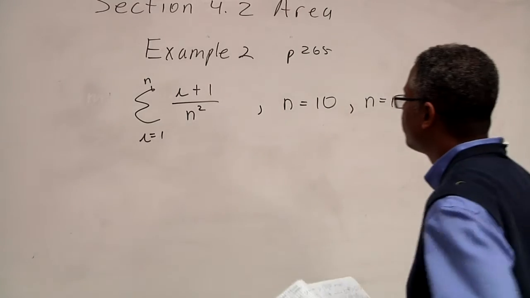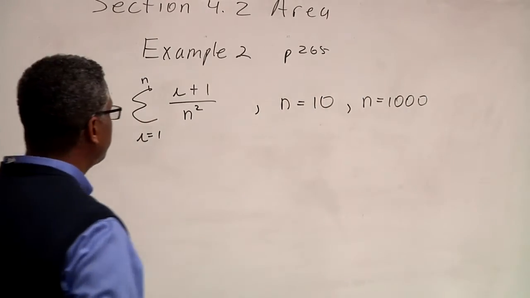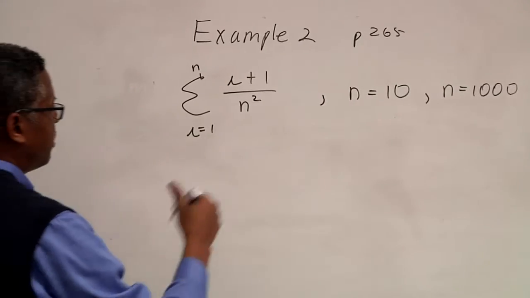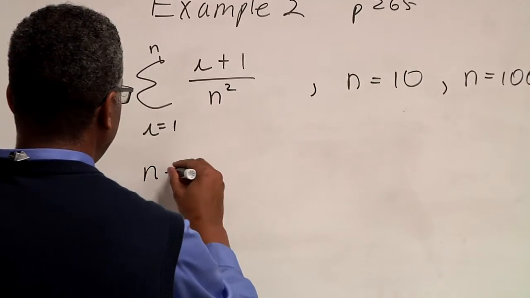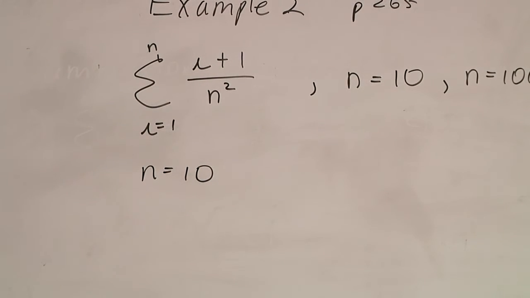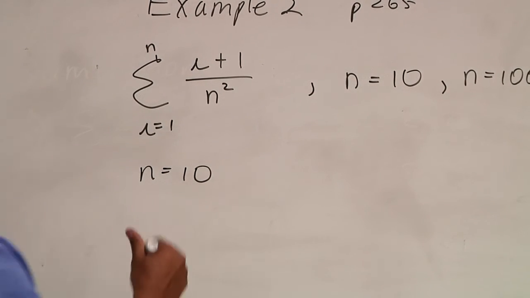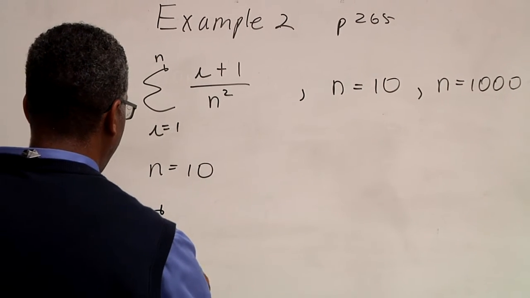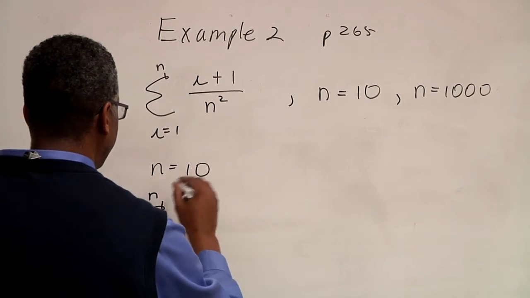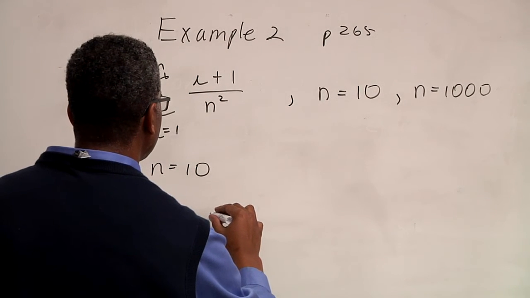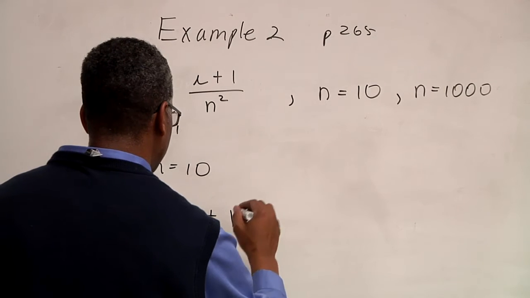All right, so the first thing you do is recognize that n squared is a constant. So let's do the example for n equals 10. So n is not going to change. We're going to fix n at 10. So if we do that, we have summation i equals 1 to n of i plus 1.